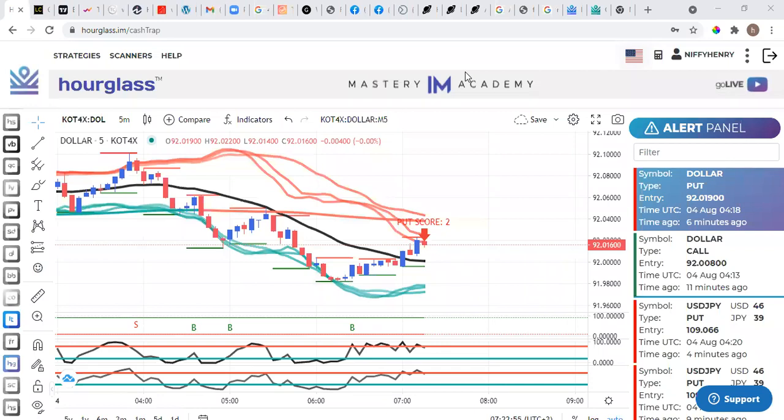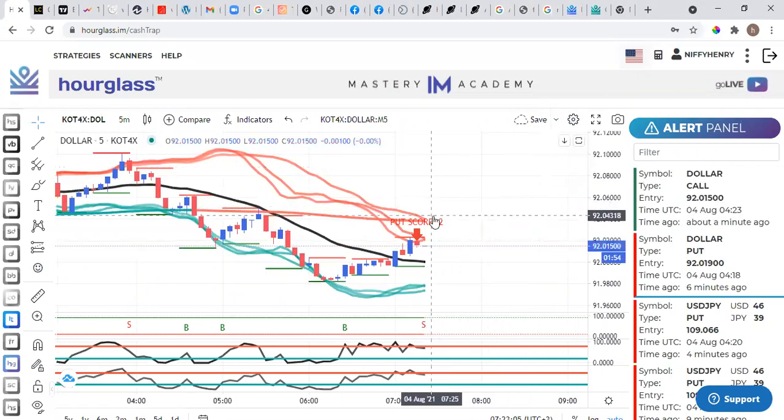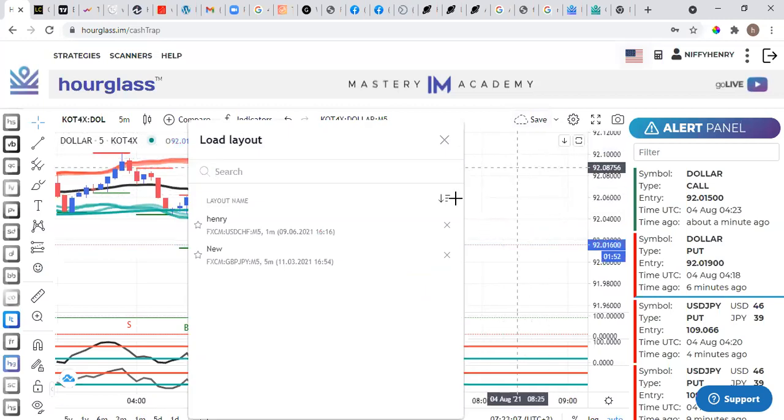Yes, we can. All right. I saw that it was giving me a wrong password, so I forgot I changed my password recently.